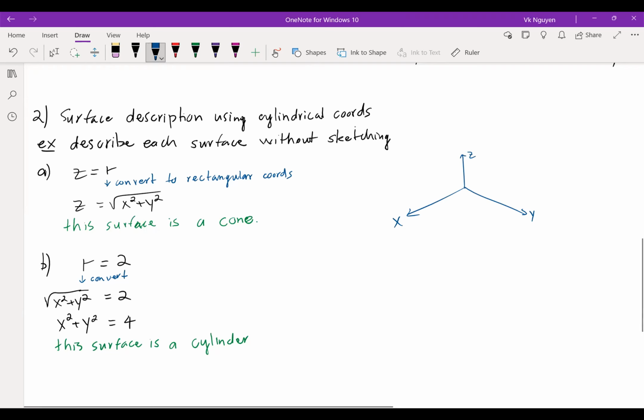So the first is the cone, and then the other one is a cylinder.